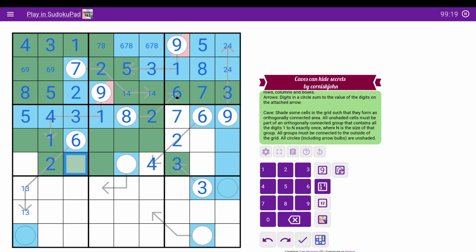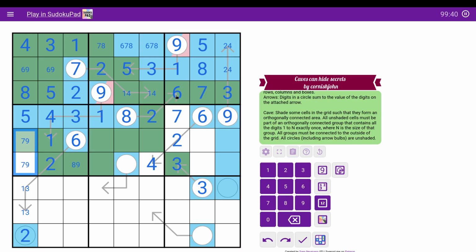And then we have 7, 8, 9. And then what is in the corner but a 2? A little weird. I guess that will show up at the end.